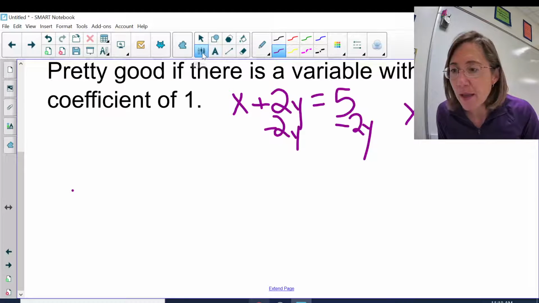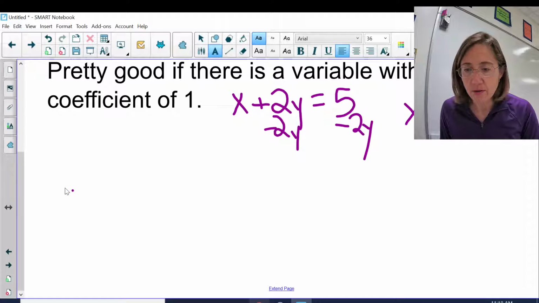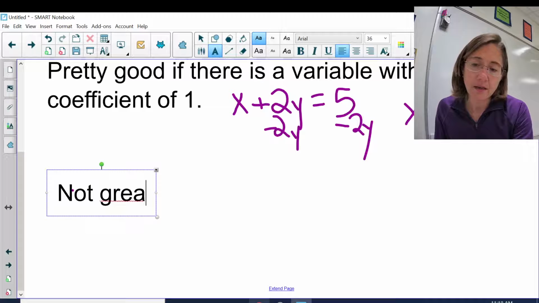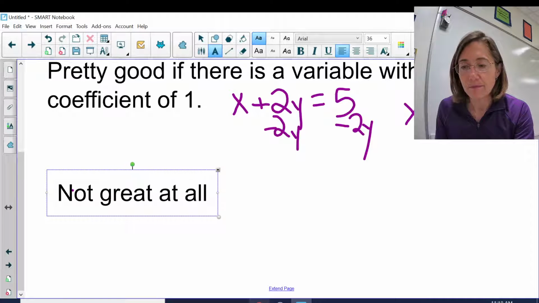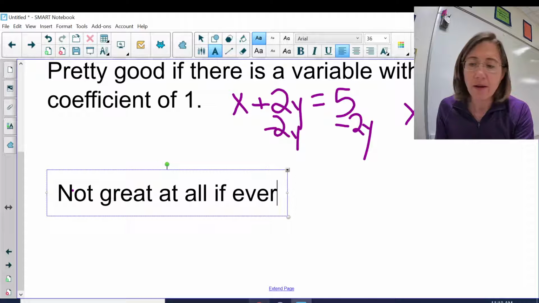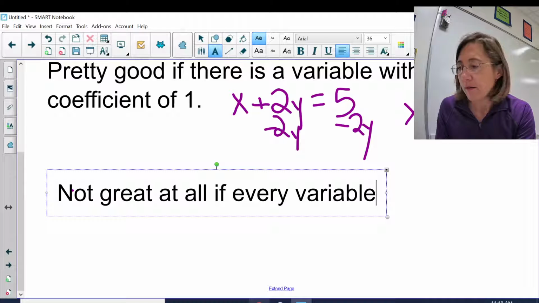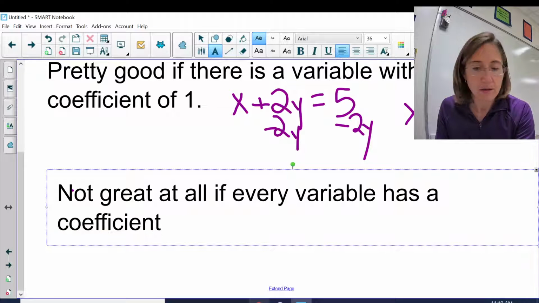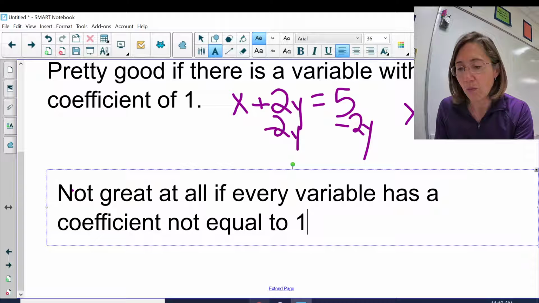It's not great at all if every variable has a coefficient not equal to 1.